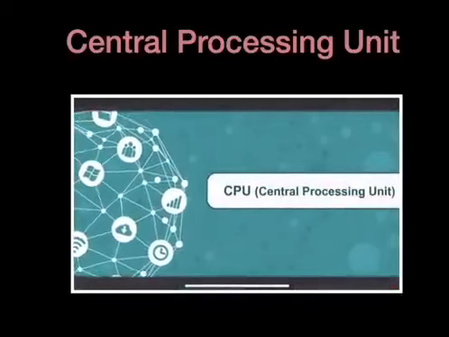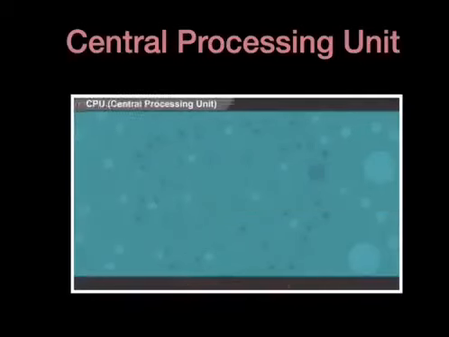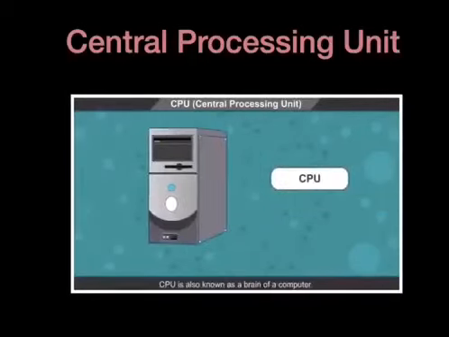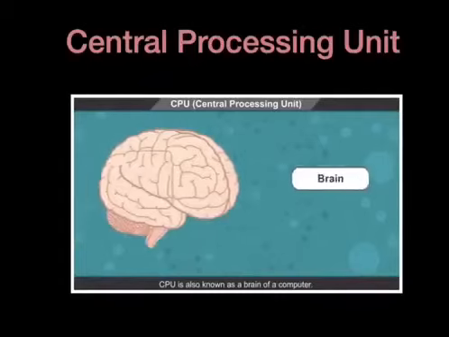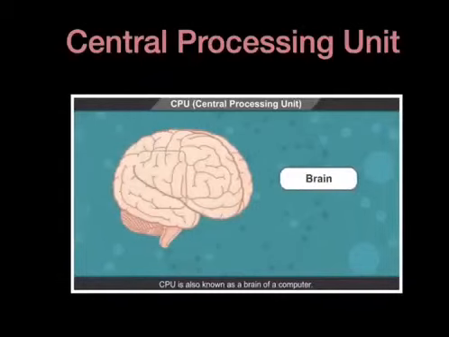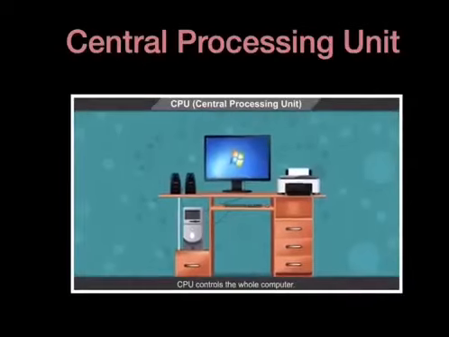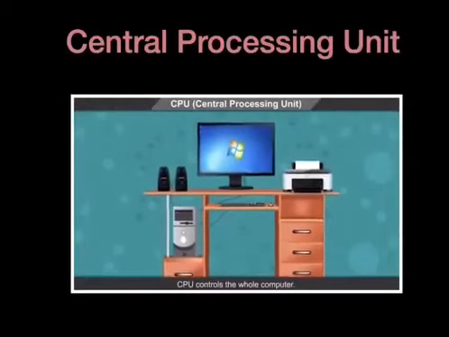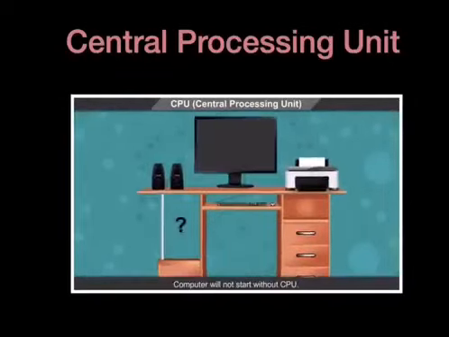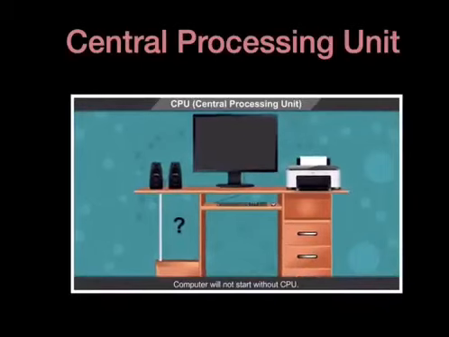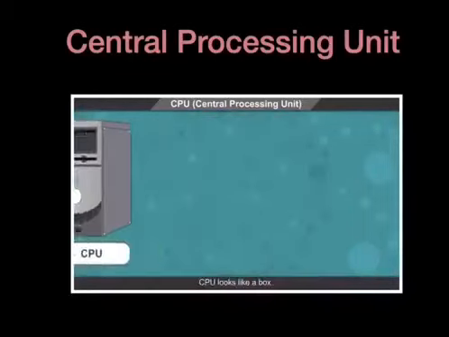So kids, now the next and the most important part of computer is Central Processing Unit, that is CPU. You all know that CPU is also known as the brain of a computer. Like brain controls our body, in the same way CPU controls the whole functioning of a computer.